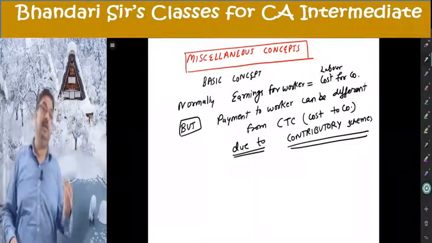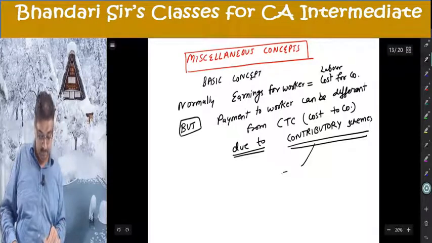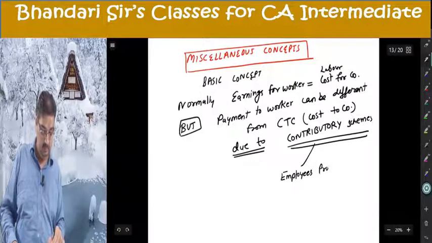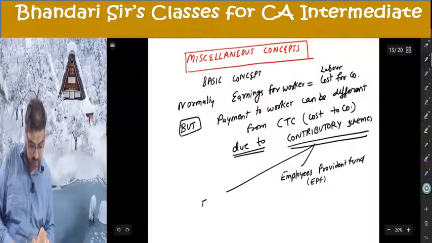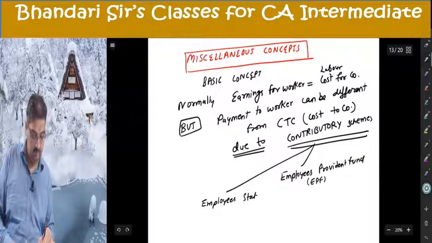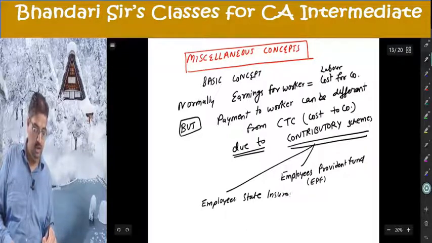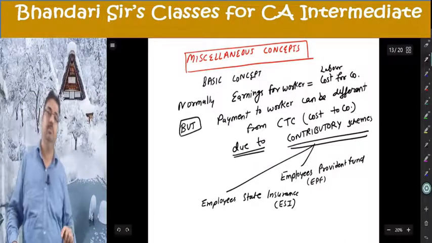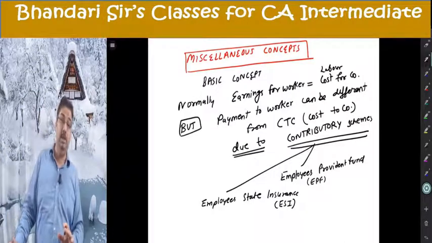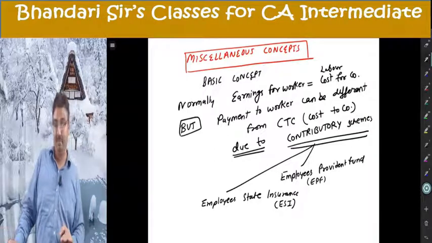Two examples that you will get in a practical question also: Employees Provident Fund, EPF, and Employees State Insurance Scheme, ESI scheme. Now these are the points to be considered carefully.